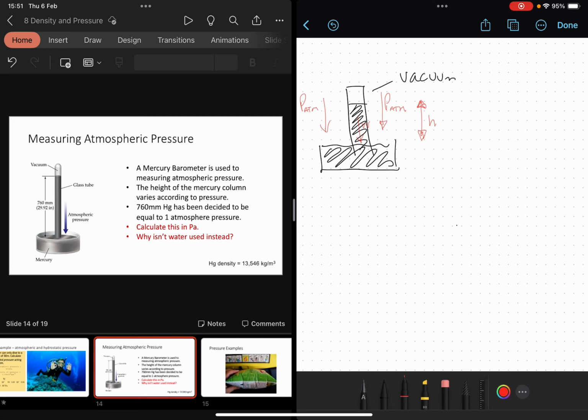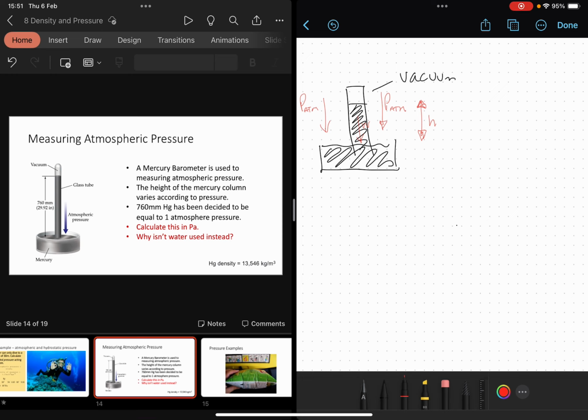So when you're listening to the weather forecast, you may clock phrases like tomorrow it's going to be a high pressure day, or the pressure's going to rise tomorrow. That would mean there would be an increased atmospheric pressure acting on that trough of mercury, and that would be able to sustain a greater height of mercury in the column. So the height of mercury in the column would rise.